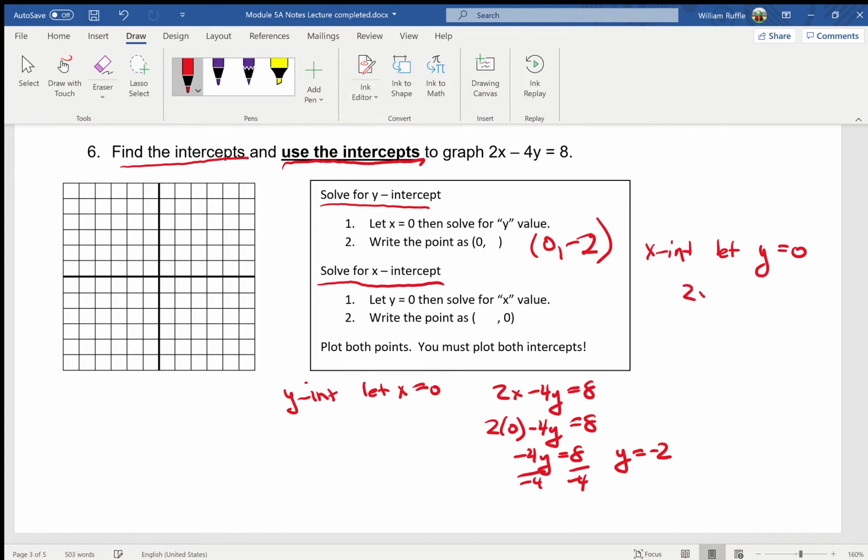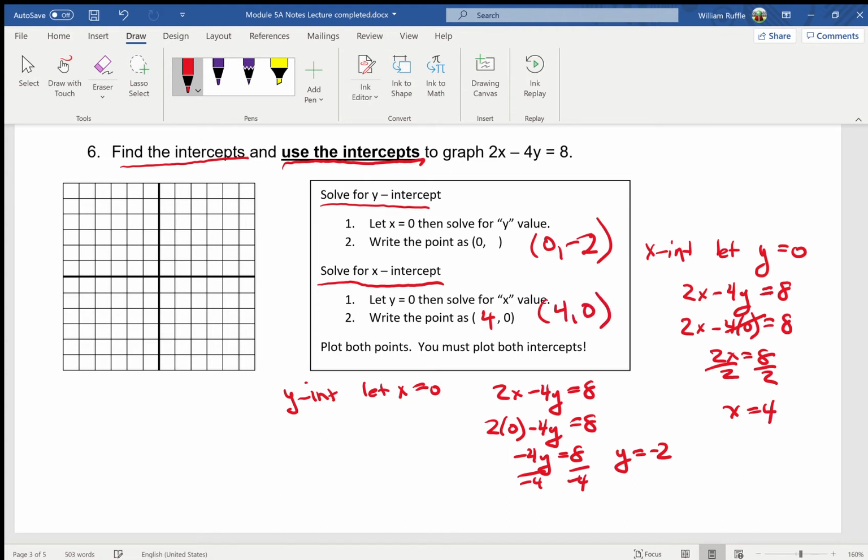So my equation is 2x minus 4y equals 8. So it'll be 2x minus 4 times 0 equals 8. So again, the 4 times 0 goes away. 2x equals 8. Divide each side by 2, I get x equals 4. So this other point is really (4, 0).